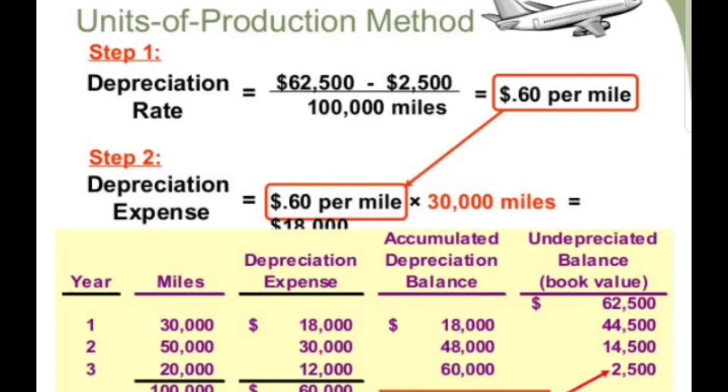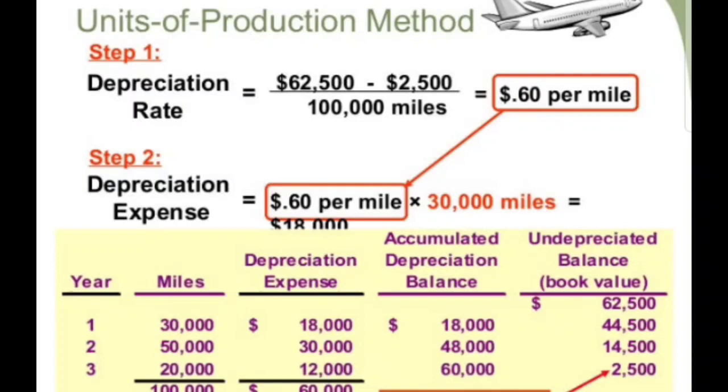Then you can see the column of accumulated depreciation. In the first year it is 18,000, then in the second year it is 18 plus 30, 48,000, and then in the third year 18 plus 30 plus 12, $60,000.